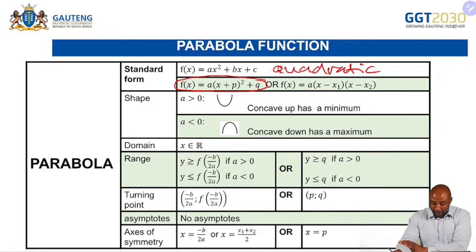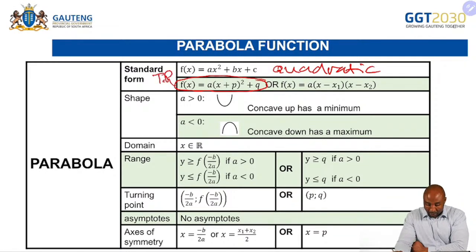This one, in most cases, you'll be given the equation or a sketch with a turning point and any other point, and in most cases, you are supposed to come up with the equation, or you'll be expected to move from the quadratic form to the turning point form. I'll call it the TP, turning point form.